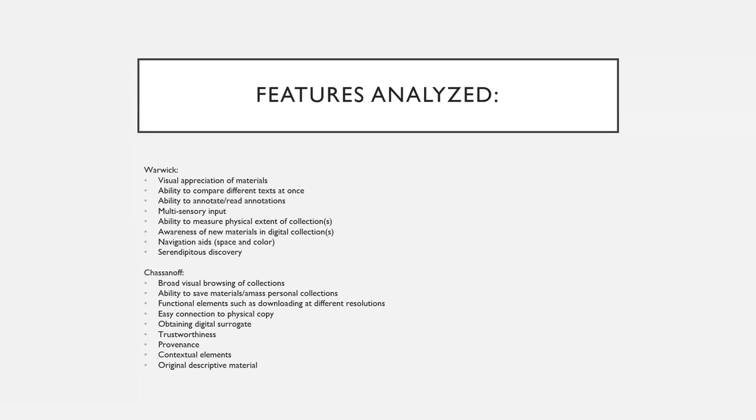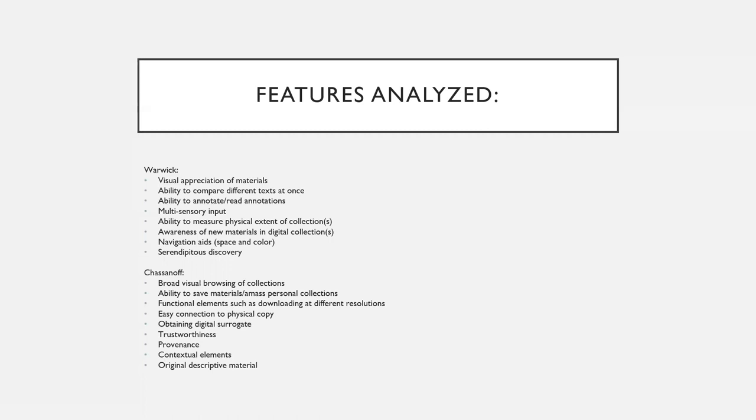Obviously, the features that a researcher is interested in using is really going to vary based on need, their level of experience, their occupation, and some of the other things that we've talked about.